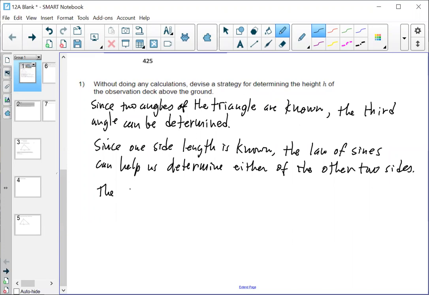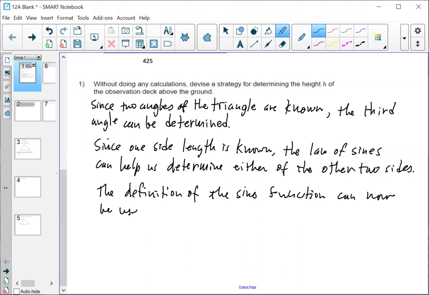And the definition of the sine function can now be used for h. And we'd find h by focusing on the small right triangle on the right side of the diagram. Let's go on to screen 2.